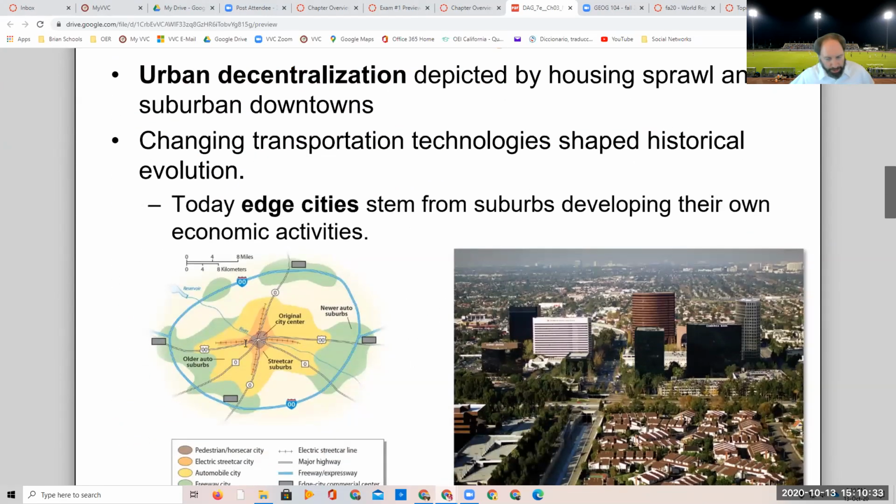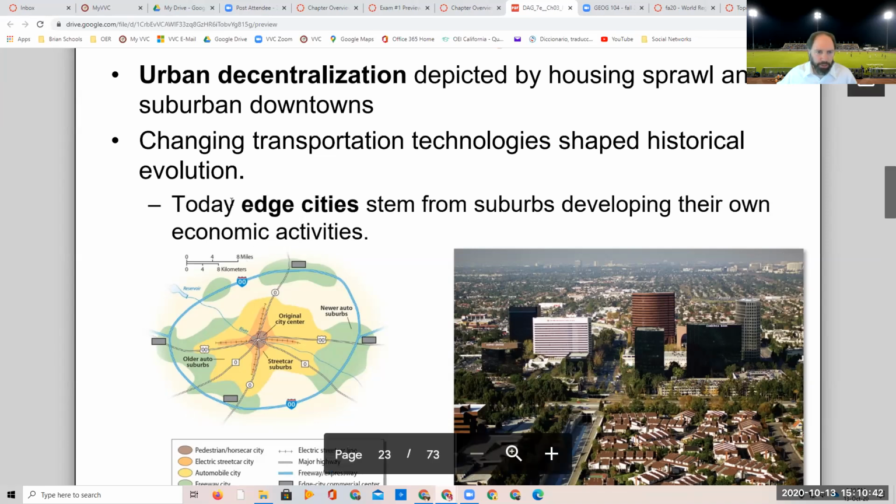And then from the 60s onward, we're seeing people leave downtown zones and going to the suburban areas. They call these edge cities, cities around the edge of the big metropolitan zone, like Victorville. Victorville is not the center city of Los Angeles. It's way out there, but it's on the outskirts of the LA metro zone.